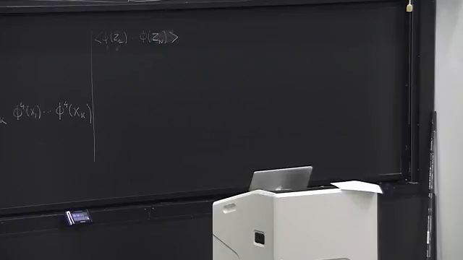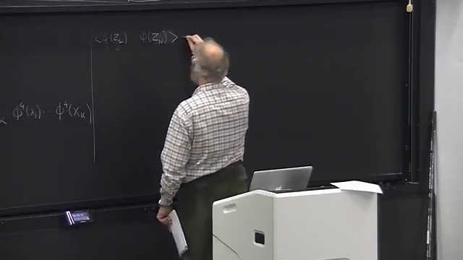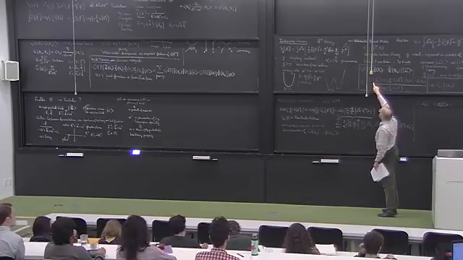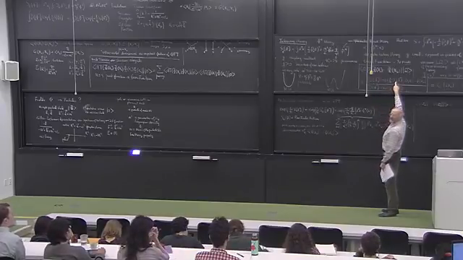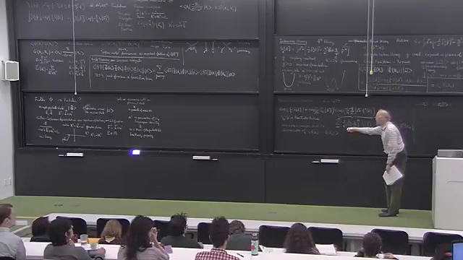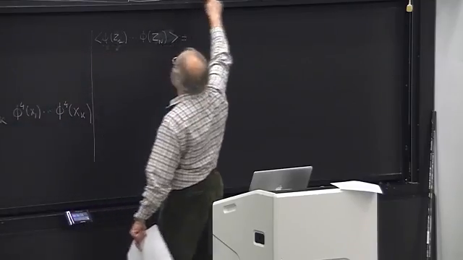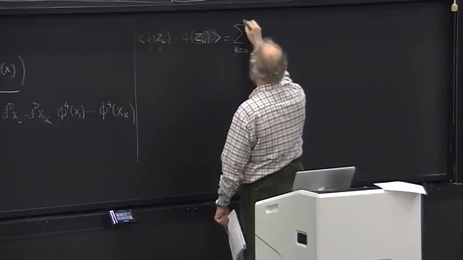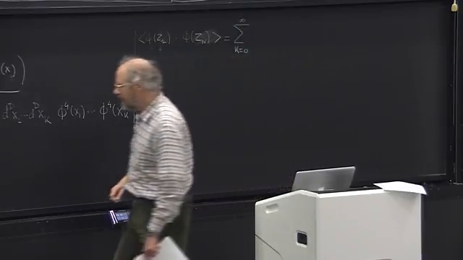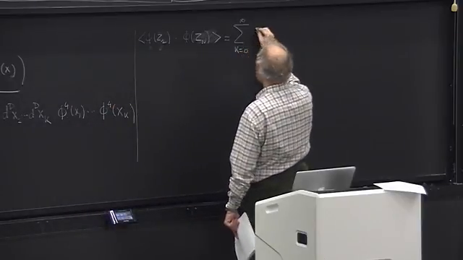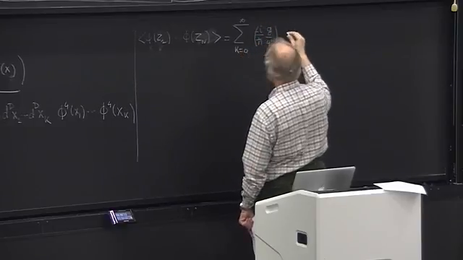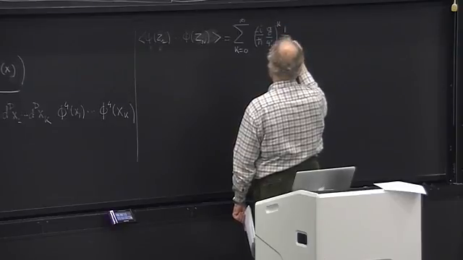So the z's are the fixed positions of the operators. If you do this, you realize that you can rewrite this as a functional integral over the field with an action that is the action of the free field times this term times those phi. So you can rewrite this as a sum from k equals 0 to infinity of this factor, minus i over h bar g over factorial 4 to the power k, 1 over factorial of k.